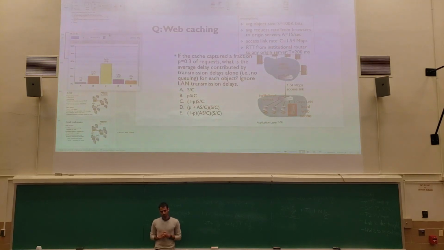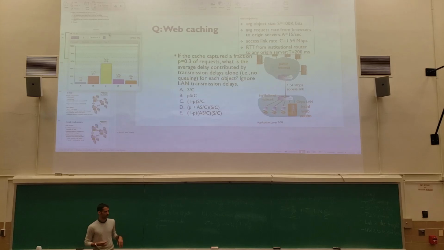On average, there's a 30% probability that you get the object in the cache. In that case, all you have to do is get it from the cache over the LAN. LAN transmission delays are zero. It says the LAN is very fast. So in that 30% of cases, when there is a cache hit, there is essentially no transmission delay.